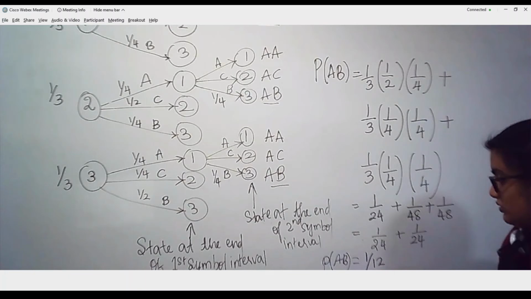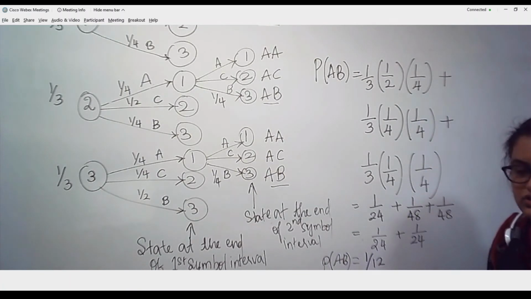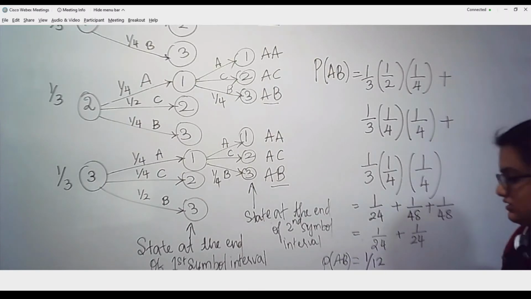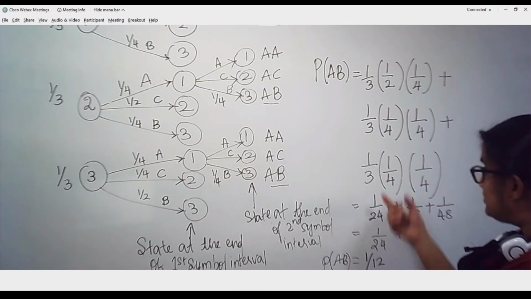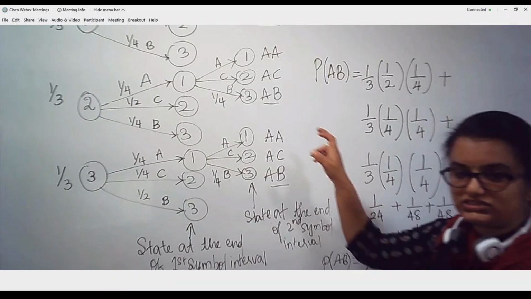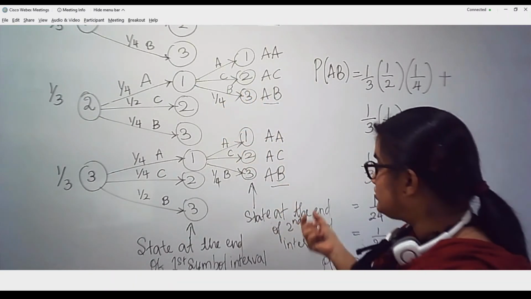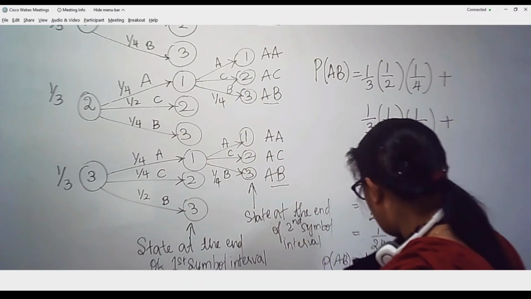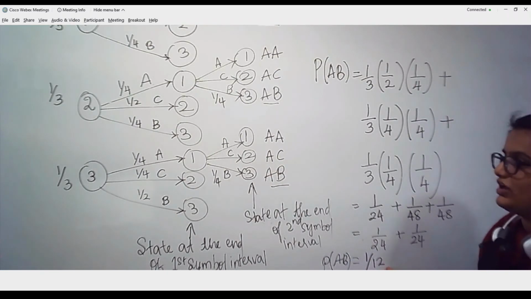Here it is a dependent source. In practical scenarios, it will be a dependent source only. It cannot be an independent source. Therefore, the probability that this particular Markov source generates a message called AB is 1 by 12.